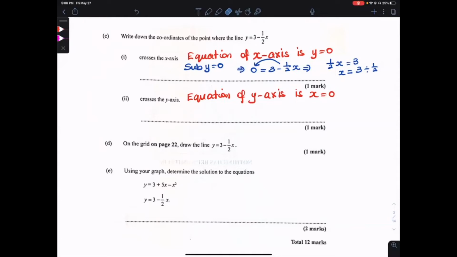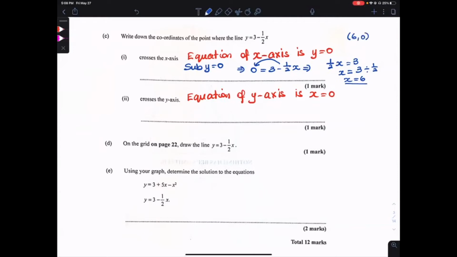Three divided by a half is 6. X is 6. Who could confirm that? Yes, miss. So the coordinates that we have are 6, 0.